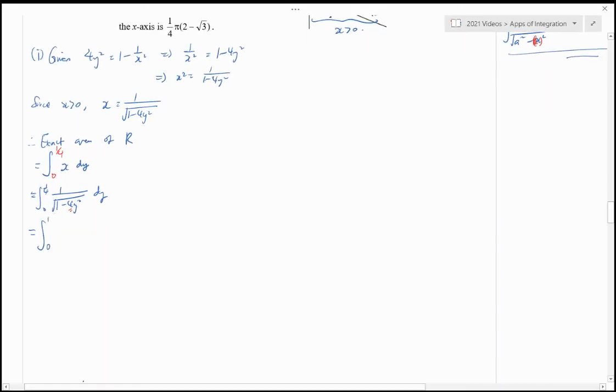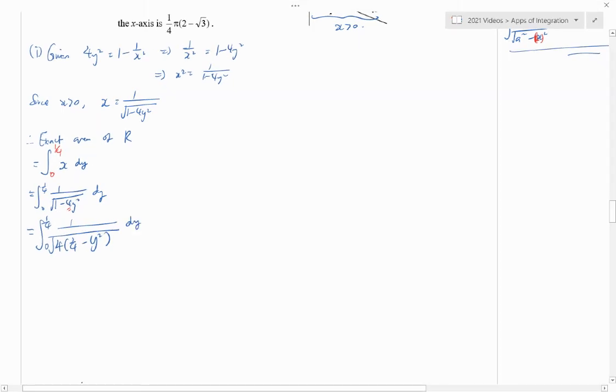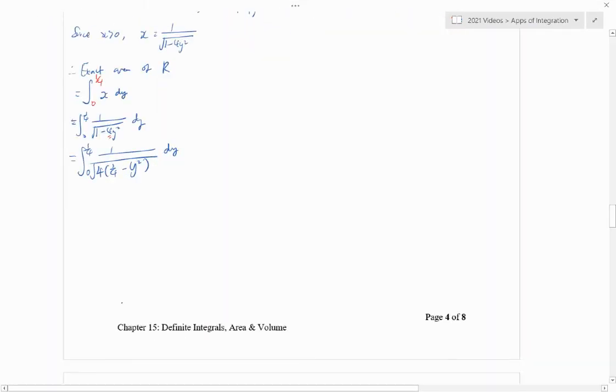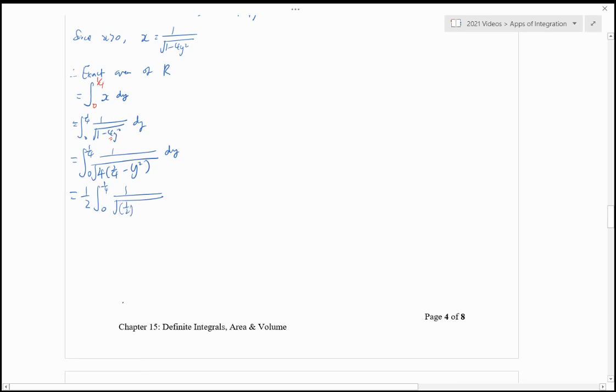So this is the integral from 0 to 1/4 of 1 over the square root, and I'm going to factorize 4, so this is 1/4 minus y squared dy. This will be half, integrate from 0 to 1/4 of 1 over the square root of half squared minus y squared dy.